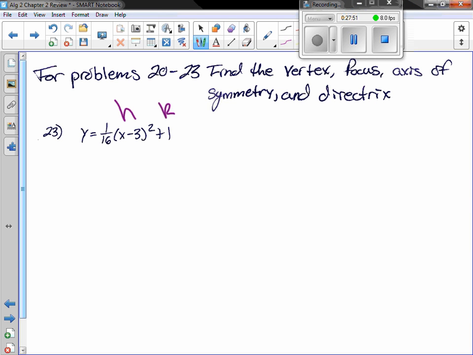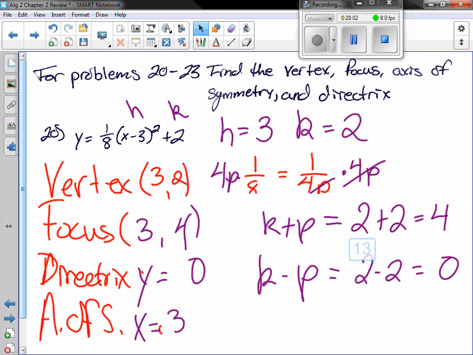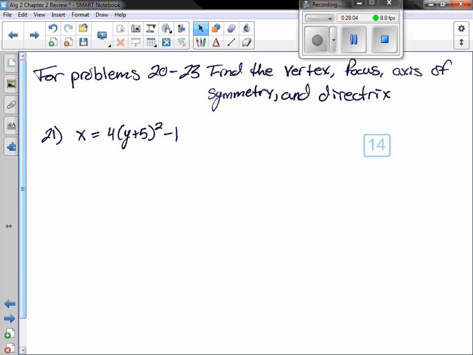If it's x equals, the h value is outside, the k value is inside. So it does flip. So here, we're going to go back to 23, but k would be inside, h would be outside. So we've got to be paying attention to that.